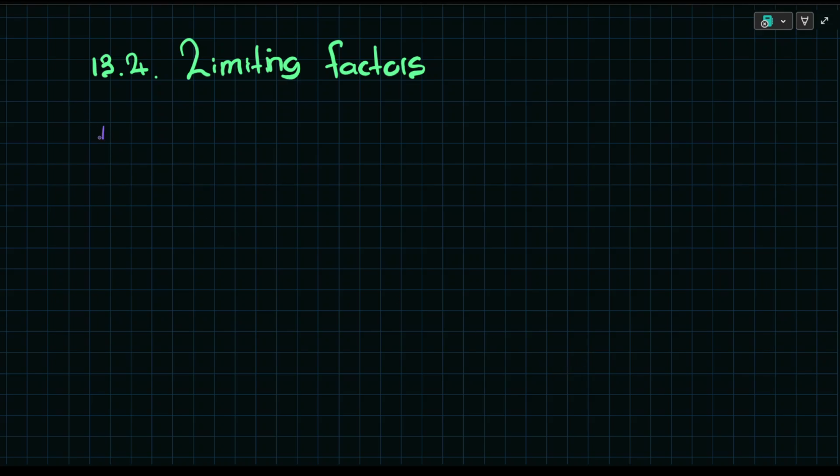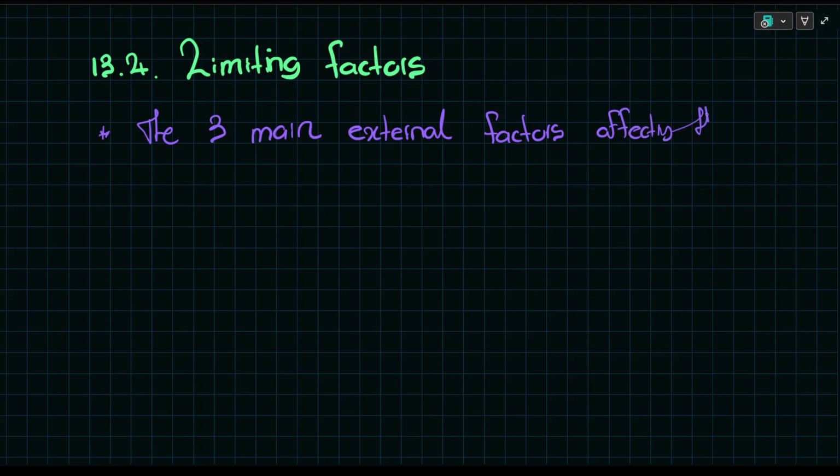Okay. Now the three main external factors affecting the rate of photosynthesis are, let me write that, number one, light intensity.